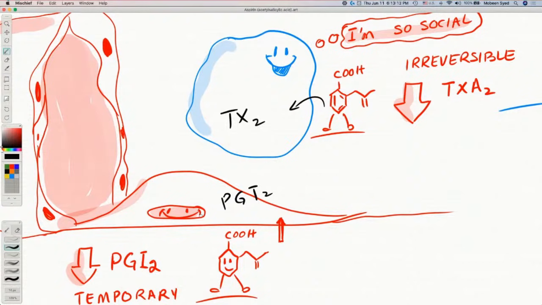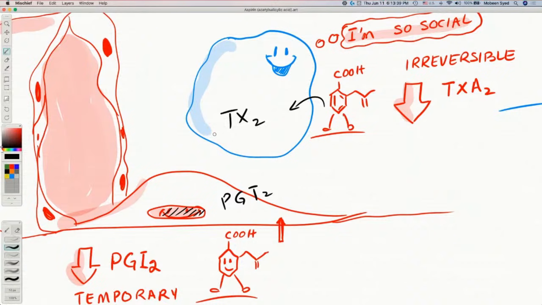However, because the cell has a nucleus of its own, that nucleus in a few hours to days will make cyclooxygenases again. What does that mean? So that's a very, very important thing to keep in mind. That means the endothelial cells will continue to produce prostacyclins, which are antithrombotic, while the platelets cannot make thromboxane A2, which is prothrombotic.